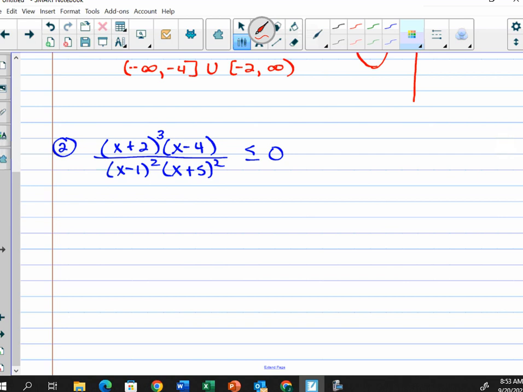Technically, you could graph this rational function. I do not want to graph that rational function with all that multiplicity going on. No, thank you. The number line test will definitely be easier.